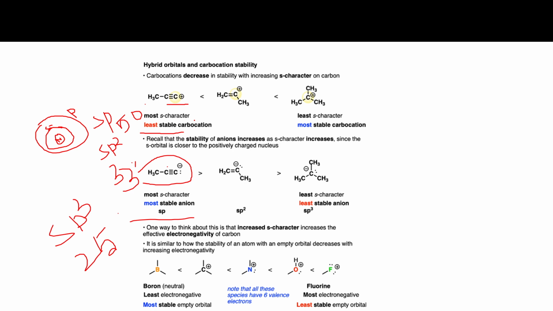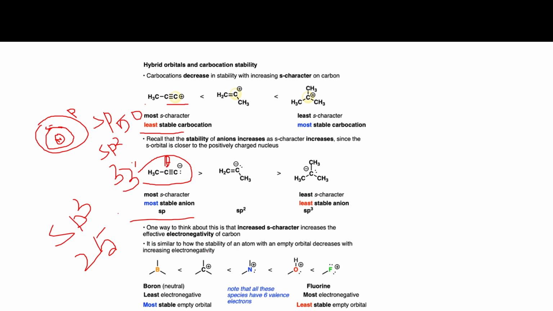Increasing s character increases the electronegativity of the carbon. So increased s character is more positive for this carbocation, which is more stable for anions but less stable for carbocations.